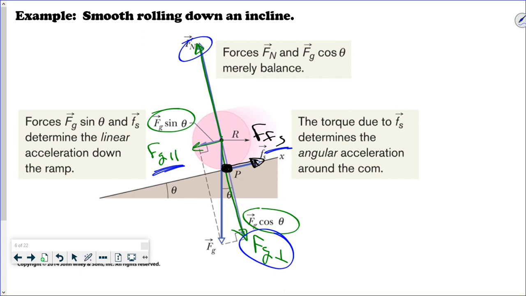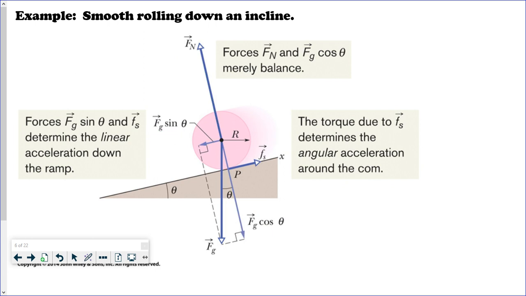Now, here's the wild thing. We can think about this two ways. Option one is we can think of our pivot point as being the center of the tire, which makes some sense, because it's rotating about the center. And if you do that, gravity produces no torque.